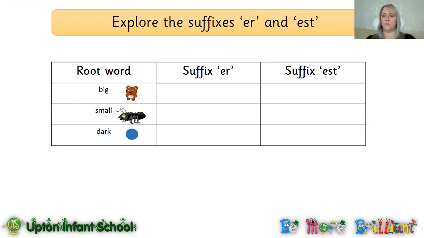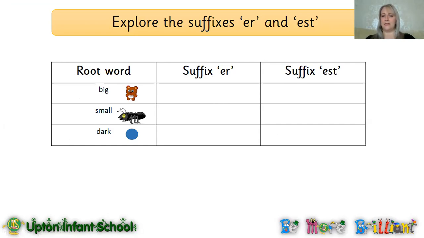So today, what we're going to have a go at exploring is trying to look at adding er or est to our words. So I've given you here the root words. Now we call them the root word because that is the word that exists before we change it by adding our er and our est. So here we have big.